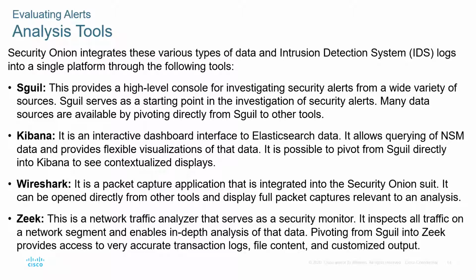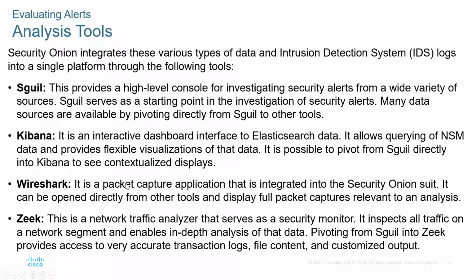This is going to allow it to query NSM data, provide flexible visualizations of that data, and then make it possible to pivot from Sguil directly into Kibana so you can see contextualized displays. So again, you're going to start in Sguil, you'll end up pivoting over to Kibana to get a nice interactive dashboard for it, search through the data, et cetera.